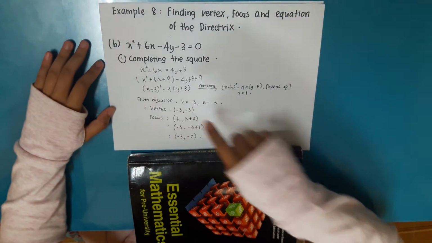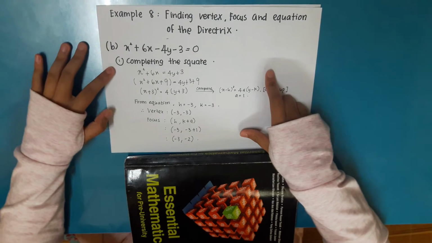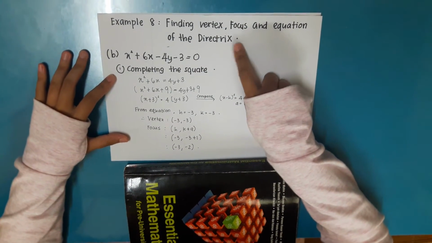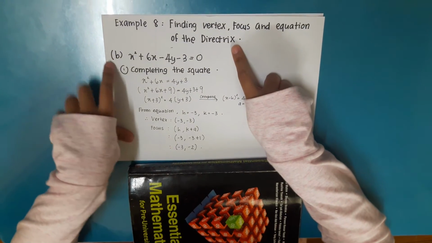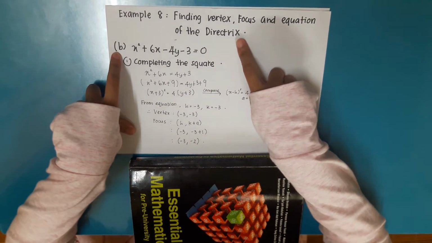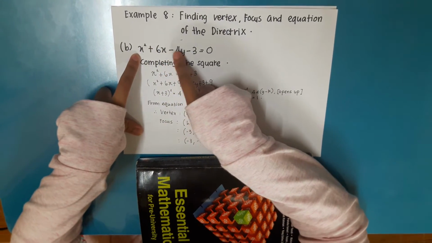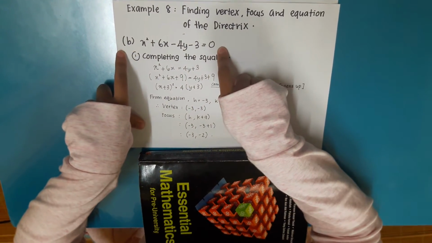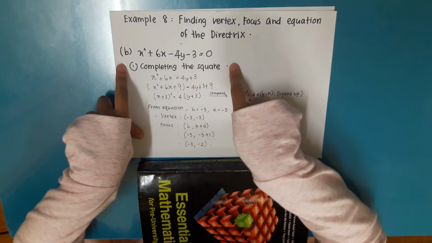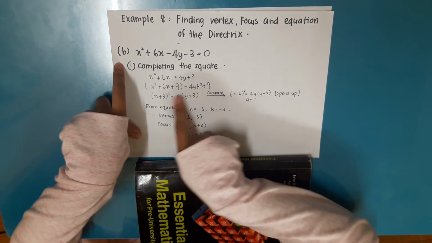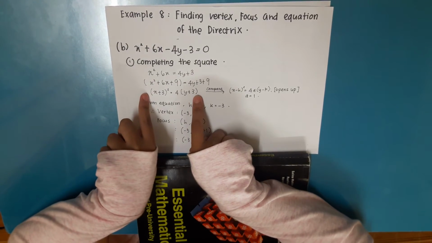For example number 8, the question asks us to find the vertex, focus and equation of the directrix. We choose to explain question 8b. They give x squared plus 6x minus 4y minus 3 equals 0. By using the completing the square method, like normal completing the square, we get this form.